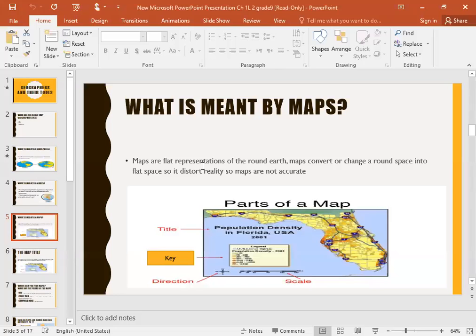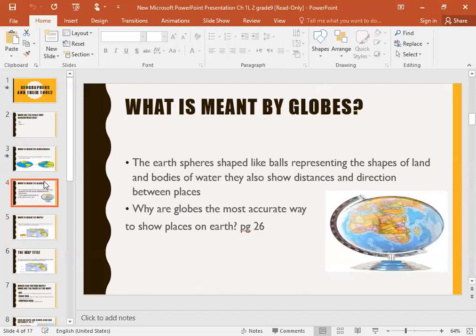What's meant by a map? Yes, go ahead. Ahmed, go ahead.